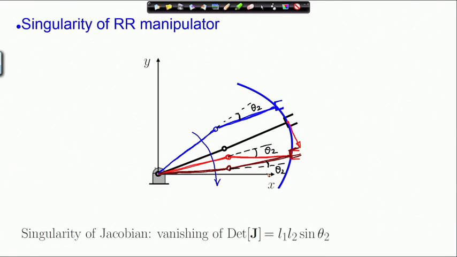So, there is a flipping of configuration when the manipulator passes through the singular configuration.